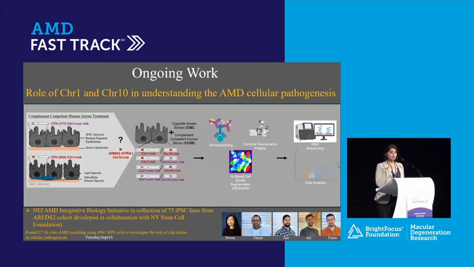So not only us, but several in the community are using these iPS cells to understand the role of this genotype. We want to understand if the models and iPS tools that we have developed in the lab can help us understand more about the role of these risk alleles in these two chromosomes. We will have a poster at this meeting on Tuesday about this.